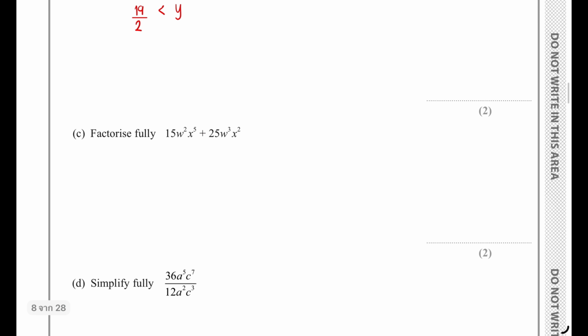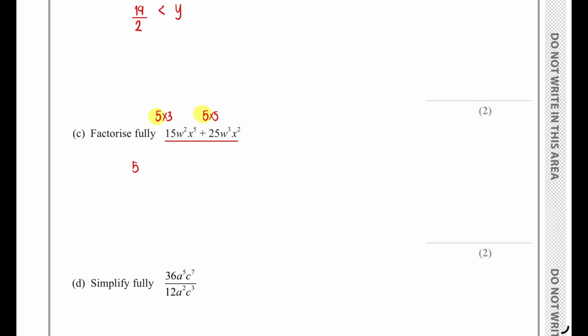Then question C. Factorize fully 15w squared x into the power of 5 plus 25w cubed x squared. So 15 equal to 5 times 3 and 25 is 5 times 5. So we have 5 in common, so I'll bring 5 out.